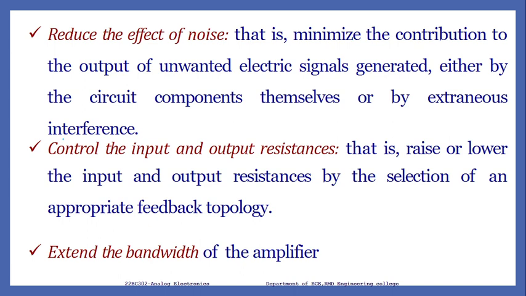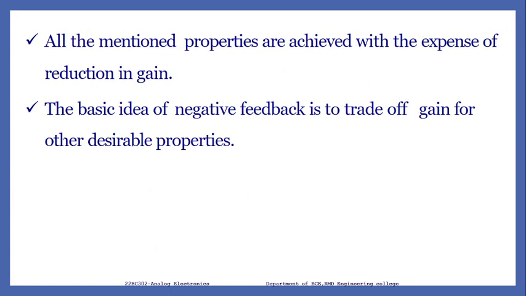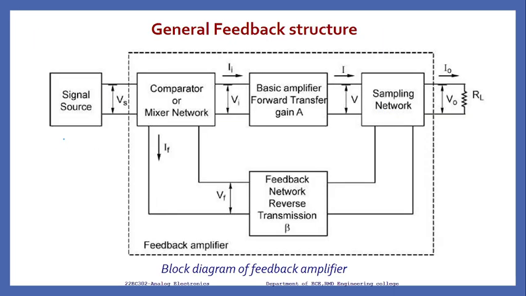Next, it reduces the noise effect and also gives proper control over the input as well as the output resistance. Moreover, it will extend the bandwidth of the amplifier. But all these properties can be achieved only by expending some reduction in the gain. But this would be a very good trade-off when considering the other desirable properties.